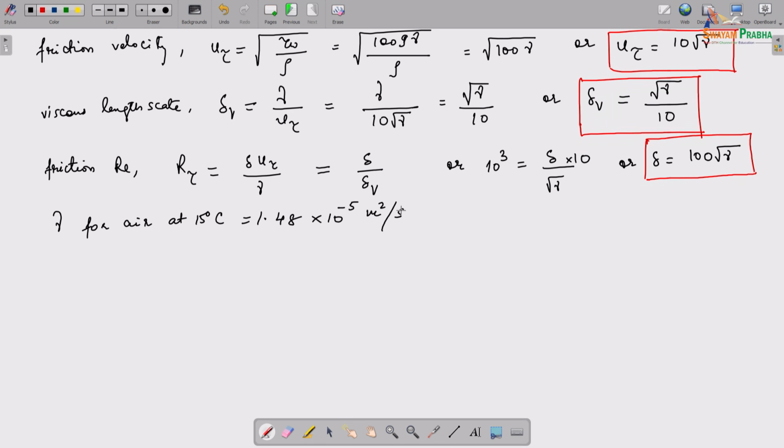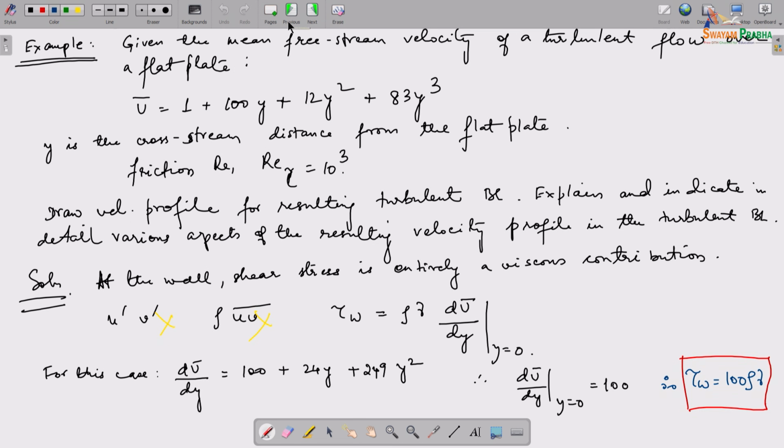Given this, I will leave you so that you can work on finding out the values of u tau, delta V, and delta, and then we will discuss what this means in terms of the boundary layer, because that's the question.